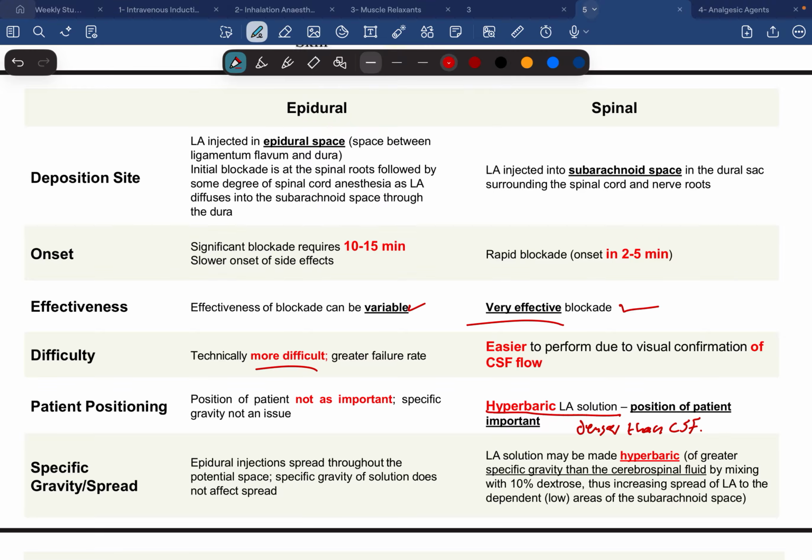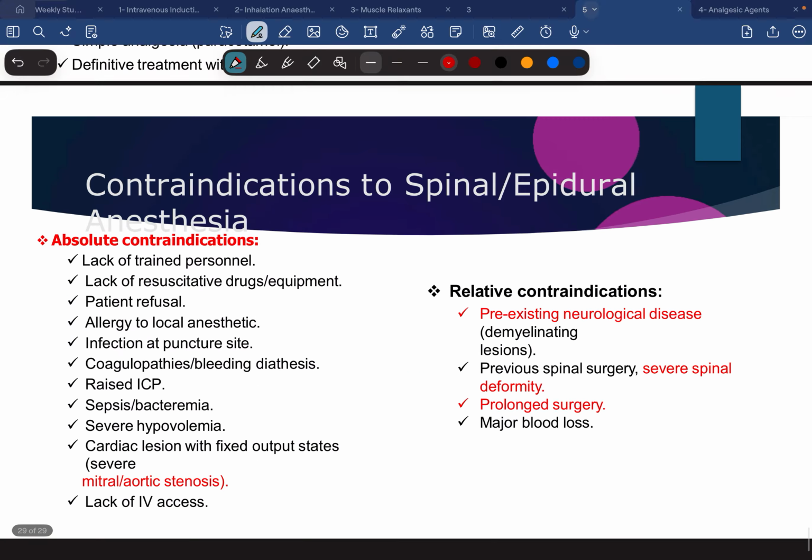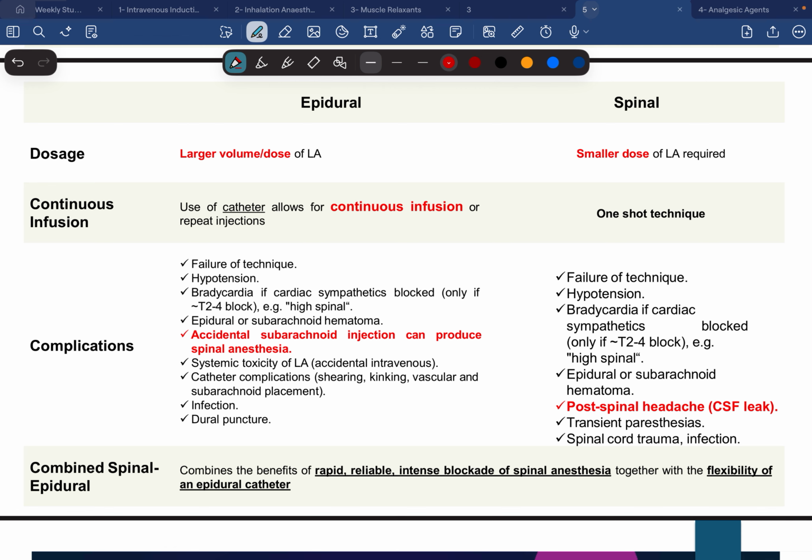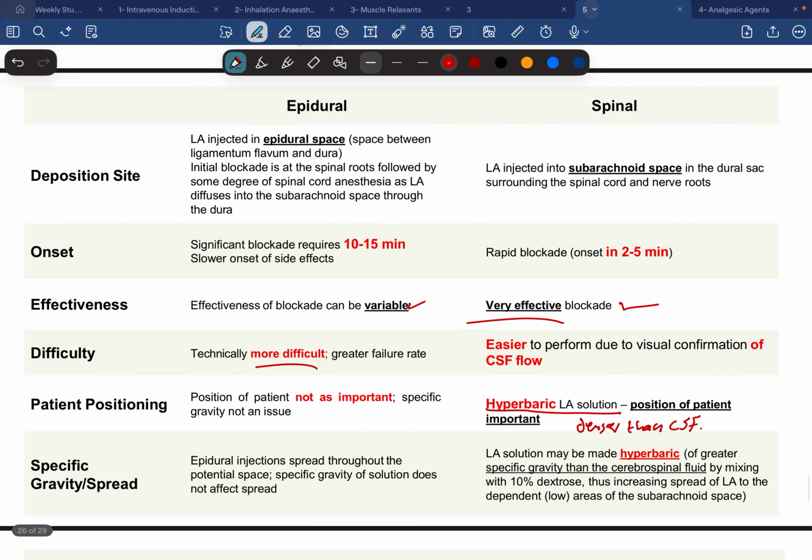If the patient is lying down, it will sink with the curves of the spinal cord up to T with the curvature. Specific gravity spread, as I said, this is the same thing. With epidurals, it's not hyperbaric, so the positioning is not important. Instead, the volume is important. You need much higher volumes with epidurals.